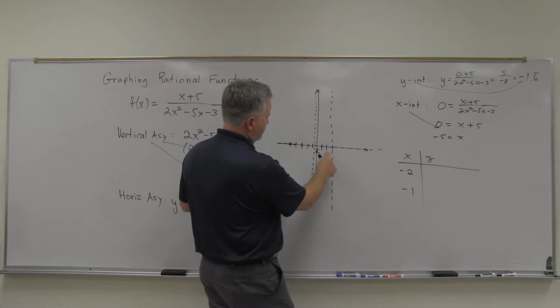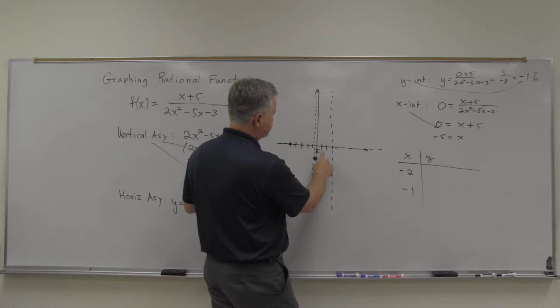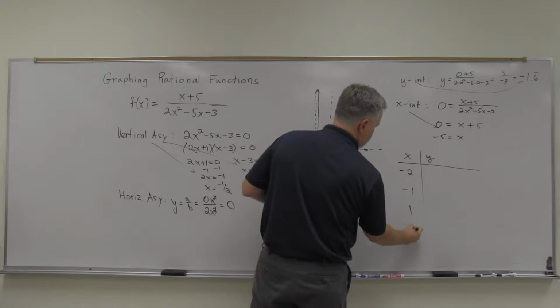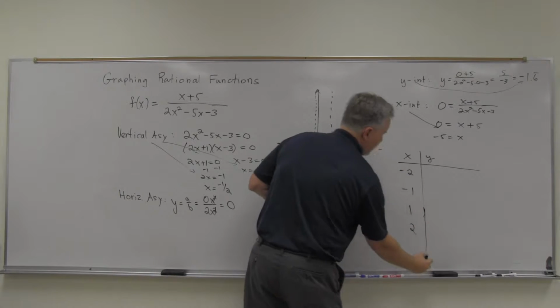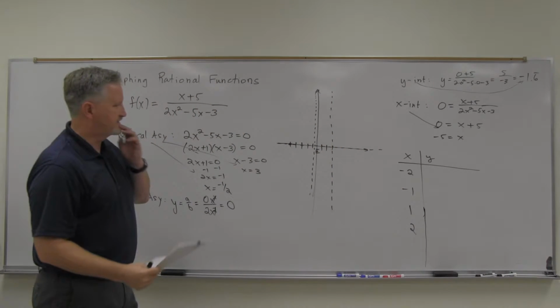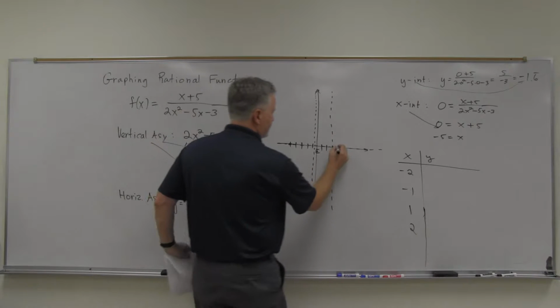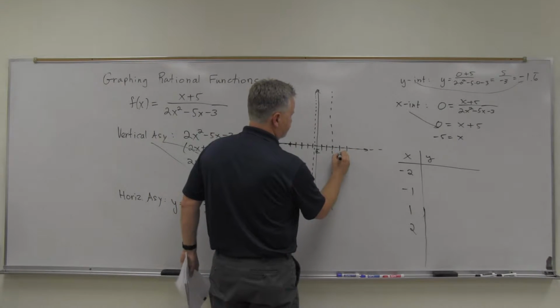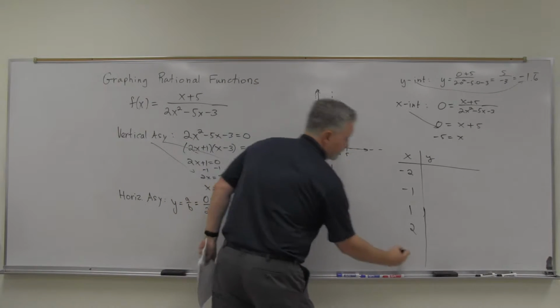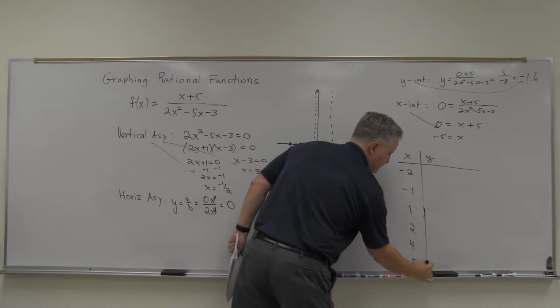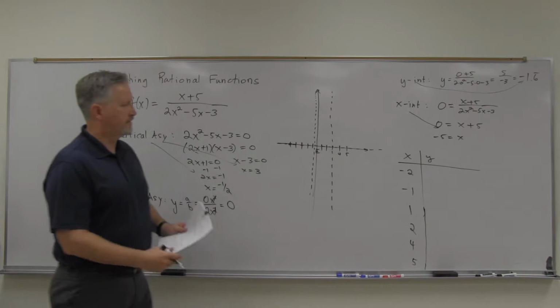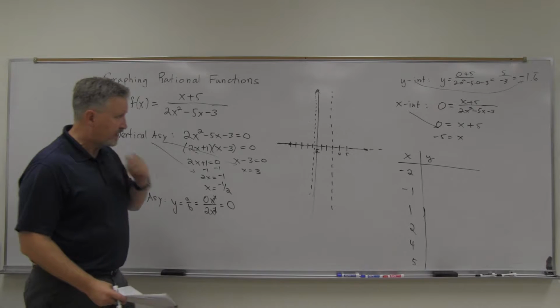And then around this one, let's also go 1 and 2. Since we've got 2 vertical asymptotes, that makes the table probably do a couple more on the table, and then that's 4 and 5. Let's do 4 and 5 also. Just to kind of give us a feel for what's going on here.